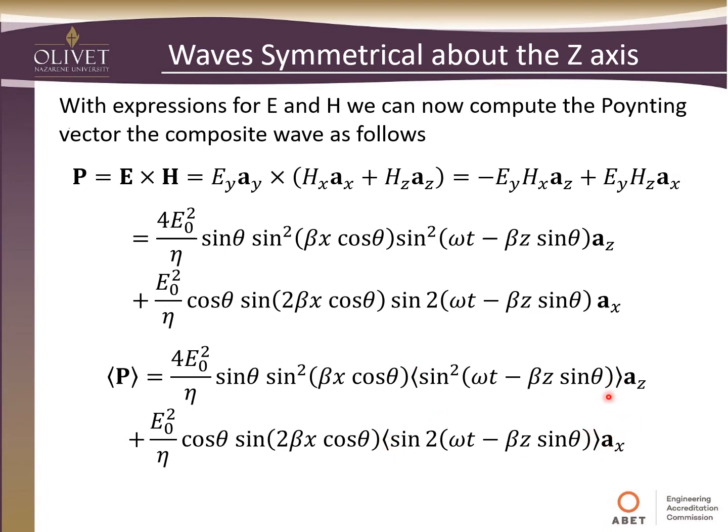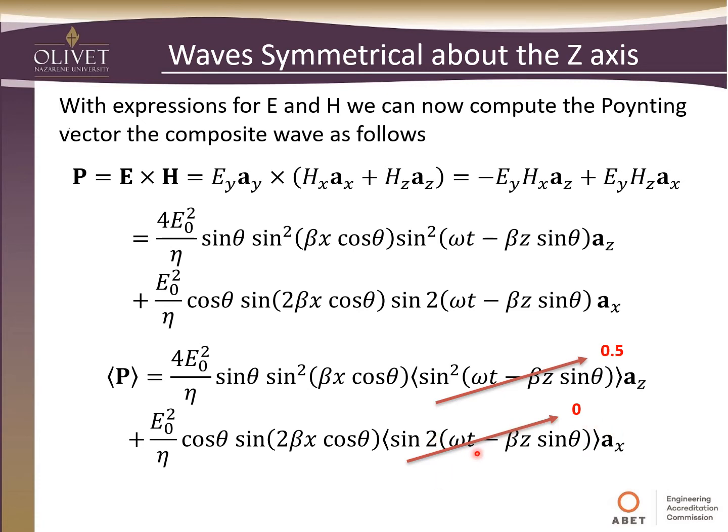So when we look at these, if we can remember back to trigonometry and maybe some calculus, maybe we will recall that when we take the time average of a sine squared function, that's always going to equal a half. If we take the time average of just the sine function, that's always going to be 0.